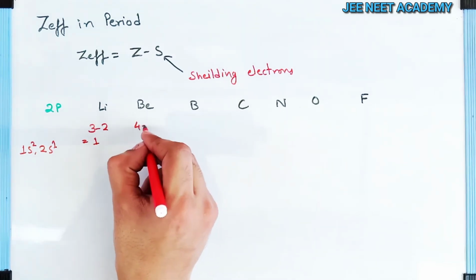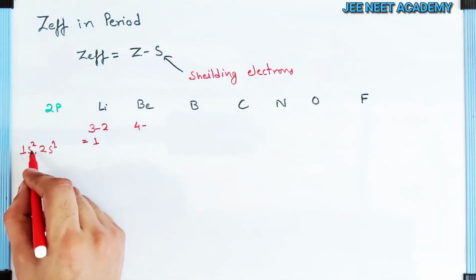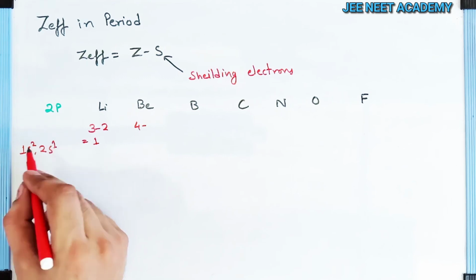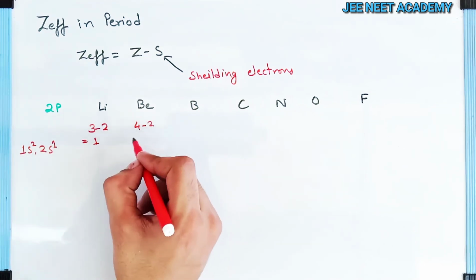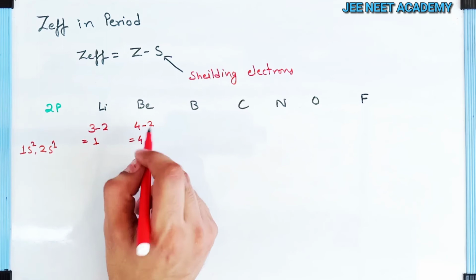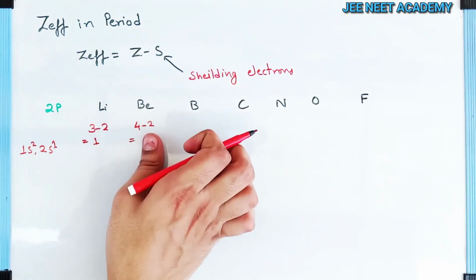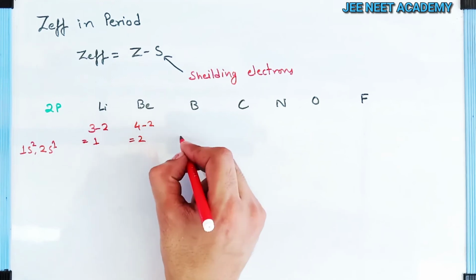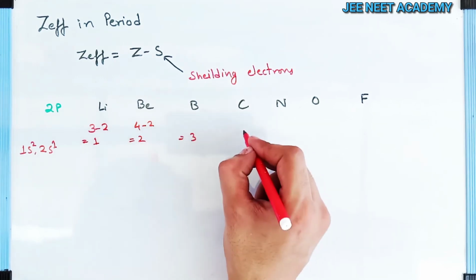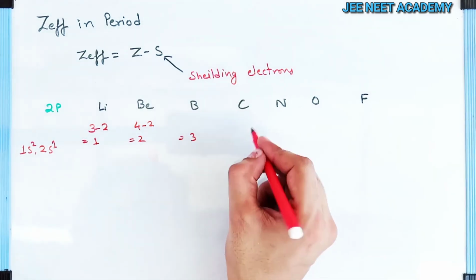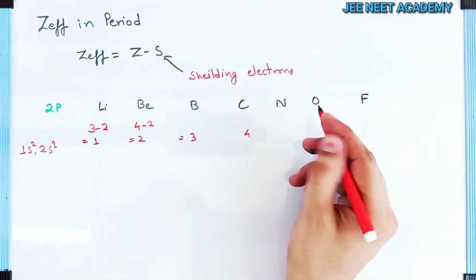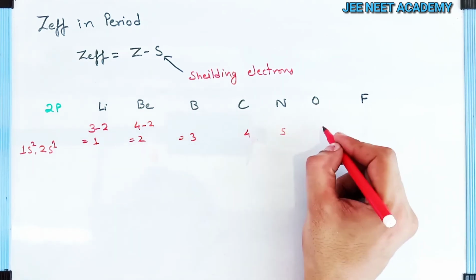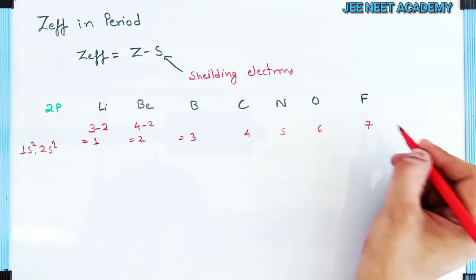For beryllium, it is 4, and here 1 more electron will come, and the inner is also 2. So 4 minus 2 is equal to 2. Like this it will come 1, 2, 3, 4, 5, 6, and 7.